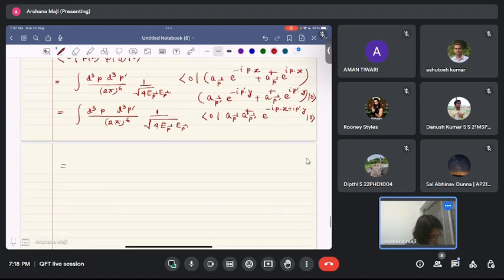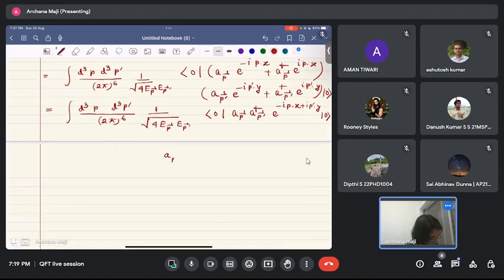Okay. Now, what is this term? This is the commutator, A dagger p prime A p plus 2 pi cube delta 3 p minus p prime, right?